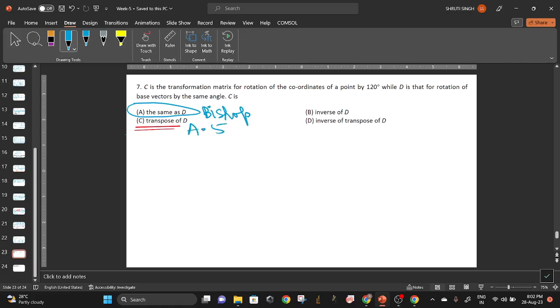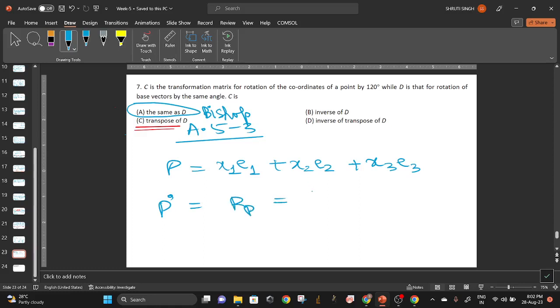I think A.53 appendix. So what they have written is there is a position vector which is defined as x1 e1 plus x2 e2 plus x3 e3, and after transformation it becomes p dash.